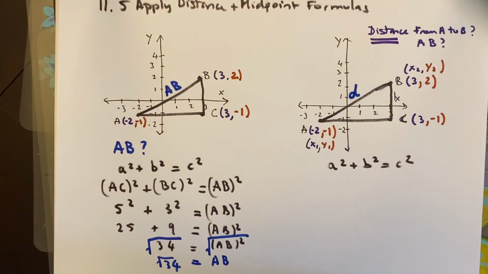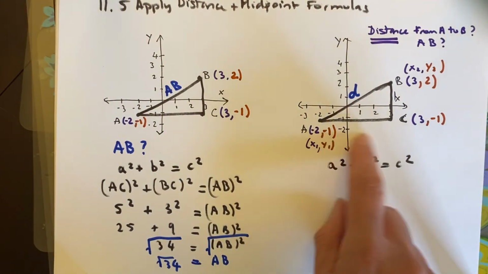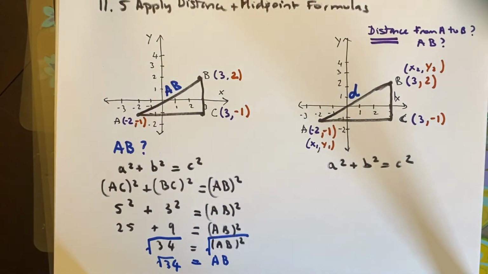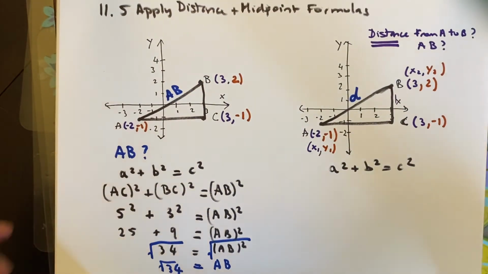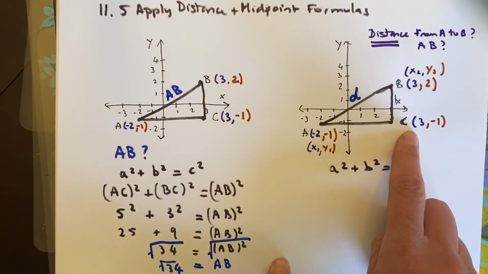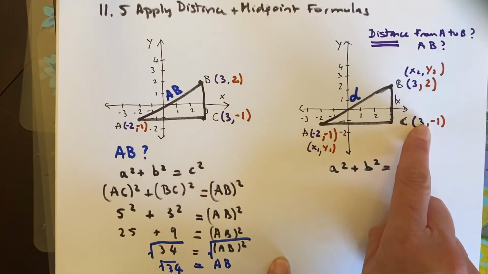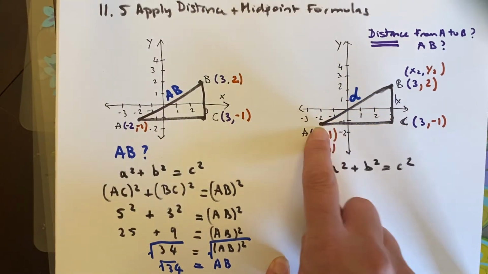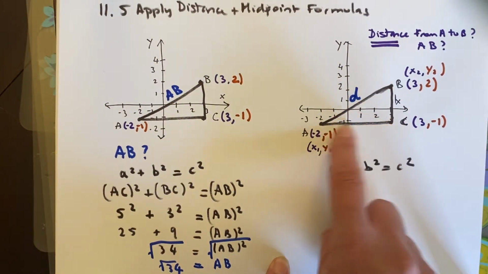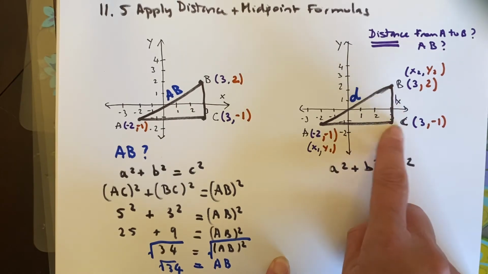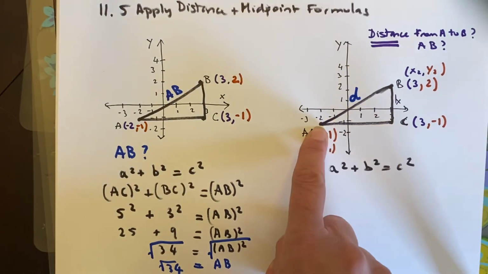Well, looking at the distance A, I can see that this is the distance from x equals 3, right? This is my horizontal distance, between x is 3 and x is -2.